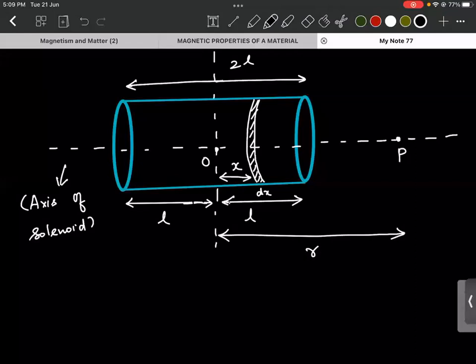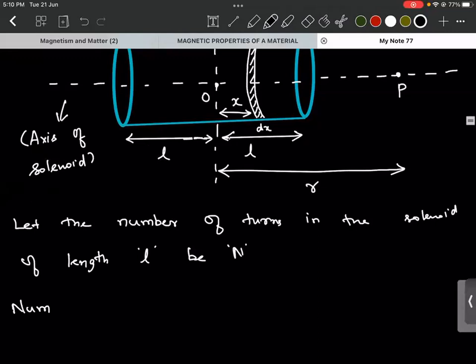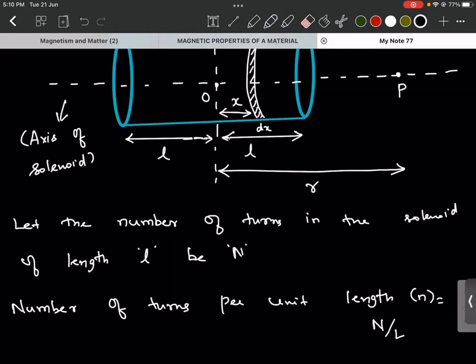Let the number of turns in the solenoid of length L be capital N, and the number of turns per unit length, that is small n, will be equal to capital N divided by L.